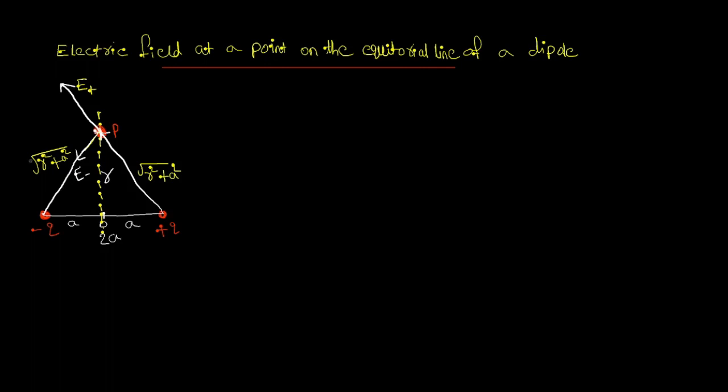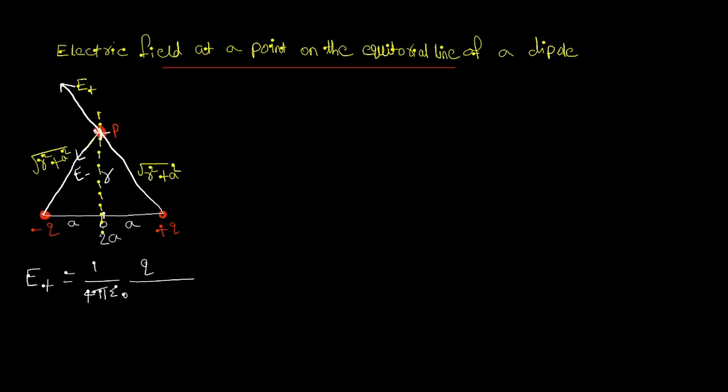Then next we can write the equations of these electric field intensities. Electric field intensity E positive: the equation is 1 by 4 pi epsilon 0 times Q divided by the distance square.